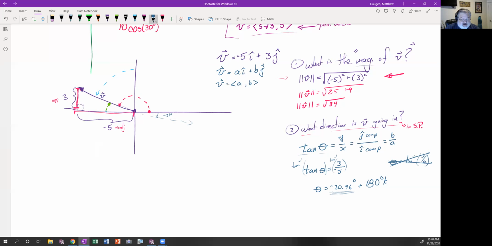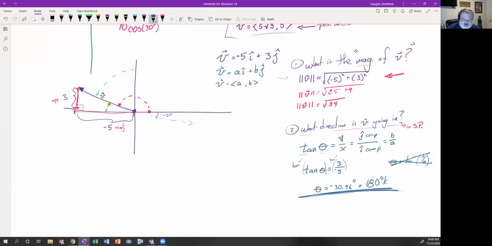It's not, because this vector is heading into quadrant 2 and tangent inverse doesn't know about quadrant 2, right? It can't give us the right answer. But that doesn't mean that the tangent isn't equal to negative 3/5. That doesn't mean the tan inverse that's solving this doesn't give us the right answer, as long as we remember we get all of these answers.